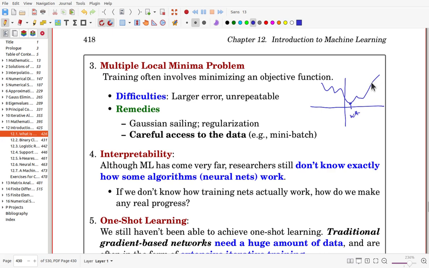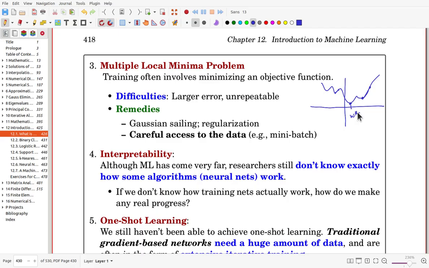However, your iterative algorithm is like a gradient descent method. It's always going down. So if your initialization is here, it goes down and stops here. In the same way, on the other side, if you begin with this one, it goes down here and stays. So reaching the global minimum is not easy. The multiple local minima problem is sometimes quite serious.